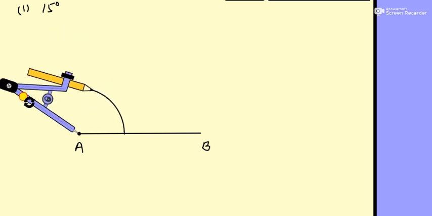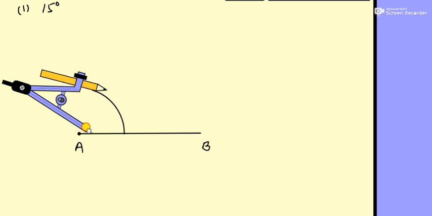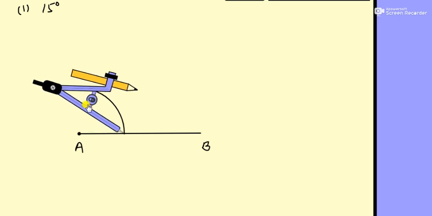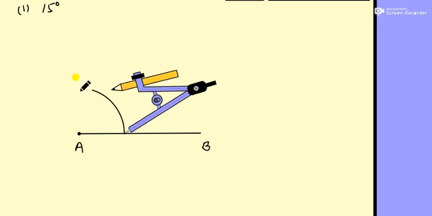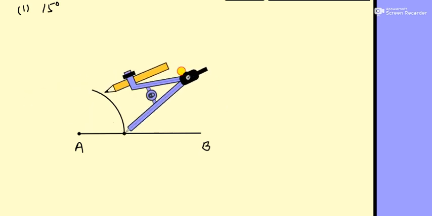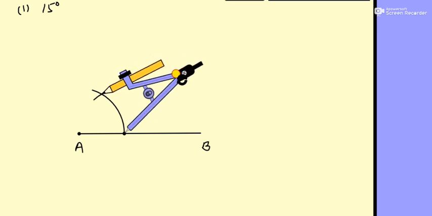Now once again take the same distance and make an arc of this type. Yes, it is the second arc, and another you can take like this.